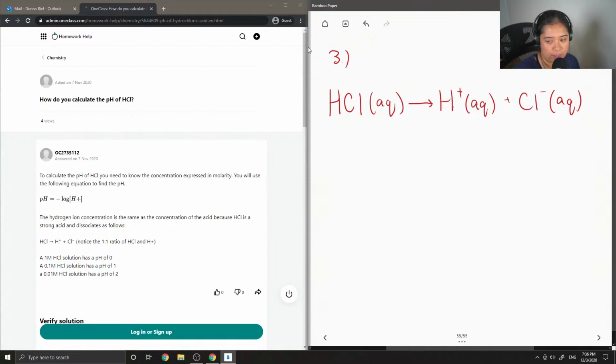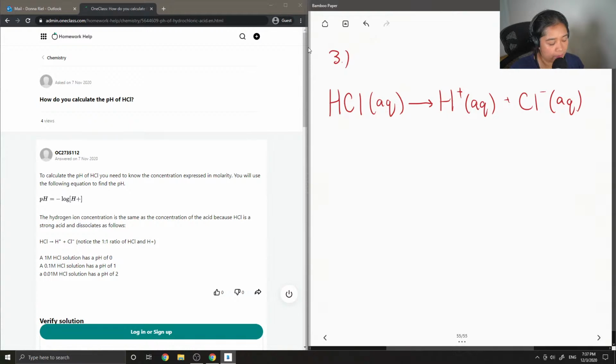It fully dissociates to H+, or protons, and Cl-, the chloride ion. Usually you'd want to make sure that your reaction is balanced. If we look at both the product side and the reactant side, we have one hydrogen on both sides and one chlorine on both sides. So everything acts in a 1-to-1 ratio.